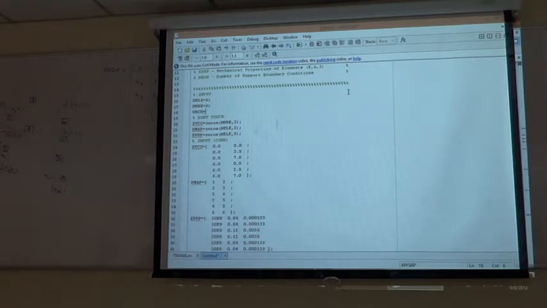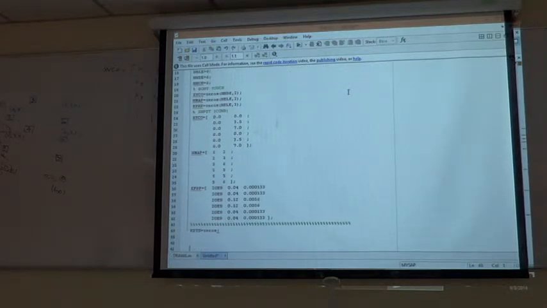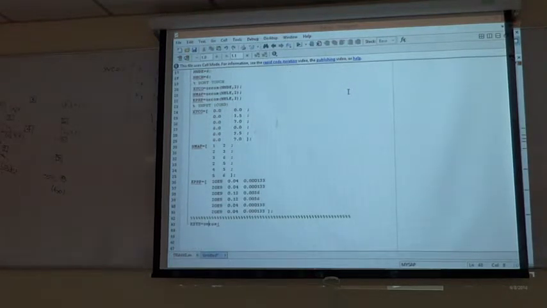How many boundary conditions we have? 1, 2, 3, 4, 5, 6. Okay, 6. And K6 is equal to, what is the size of the K6?